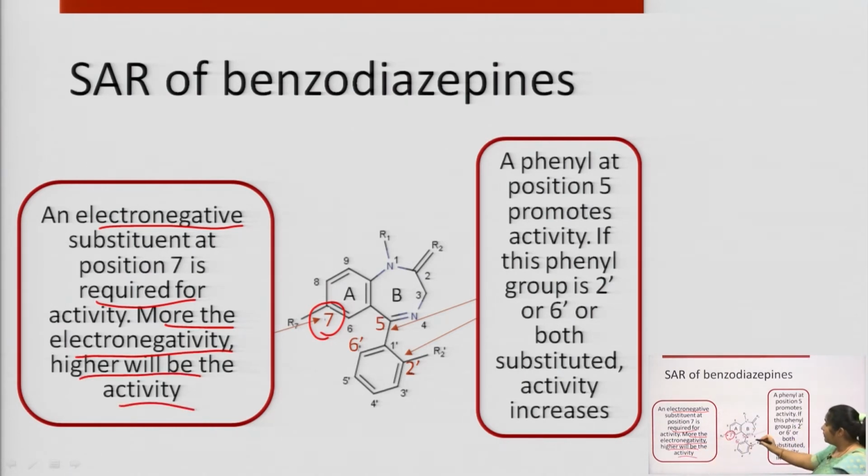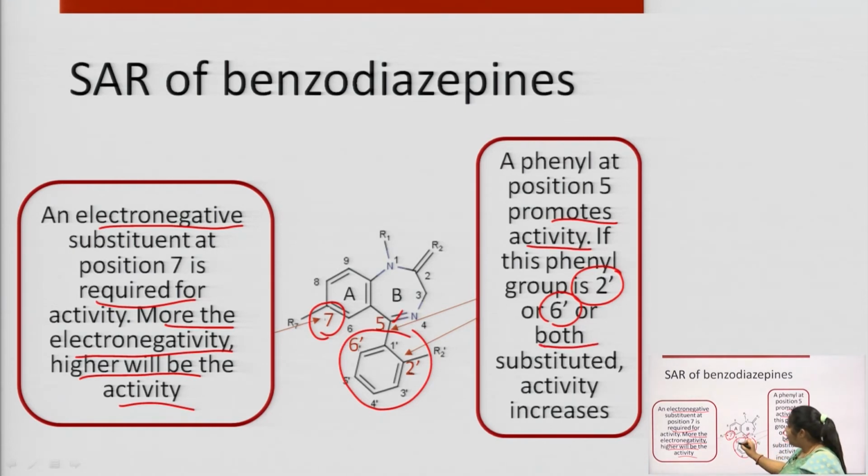Next, when we talk about this phenyl ring, a phenyl ring at position number 5 promotes the activity. But when this phenyl group is substituted at 2 dash, 6 dash or both, means at the ortho position, either 2 dash or 6 dash or both 2 dash and 6 dash, that will lead to an increase in sedative hypnotic activity.